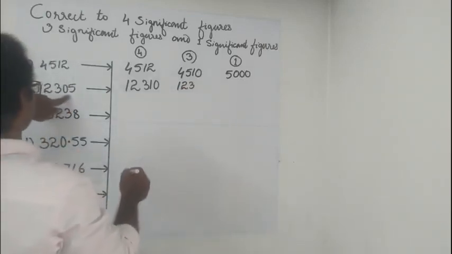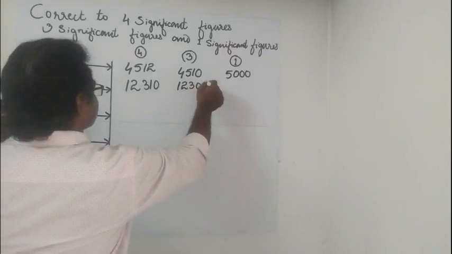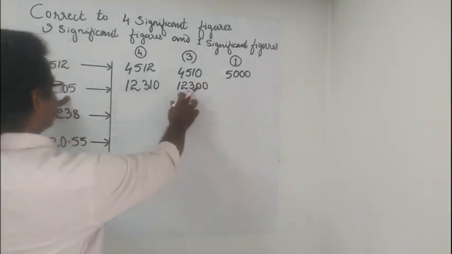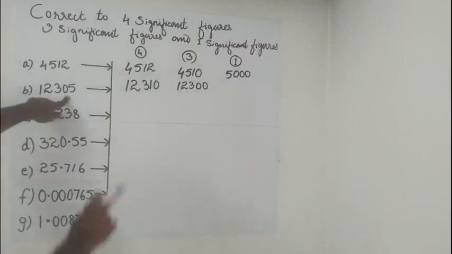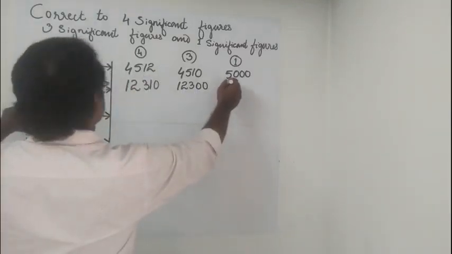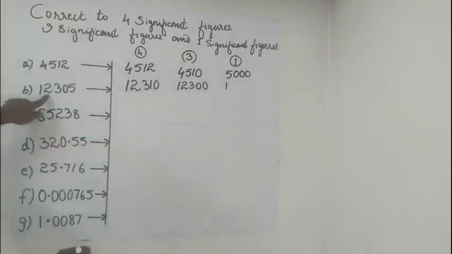Add 1 to this number and put 2 zeros. Okay, we only need 3 significant figures. Next, 1 significant figure. You focus on 1. There is no change, so it is less than 5. So put 4 zeros here.